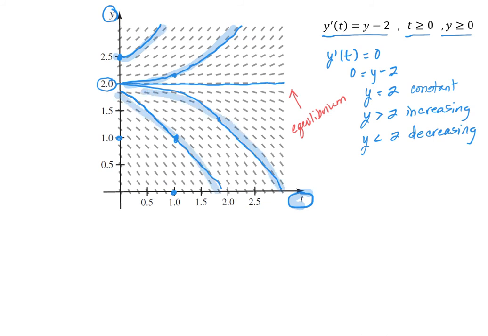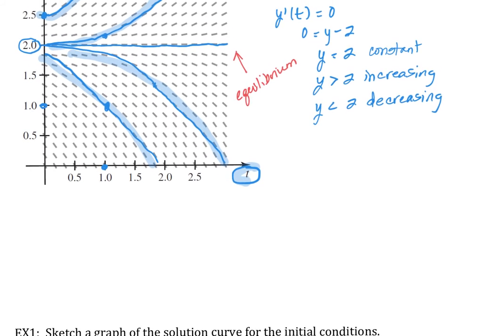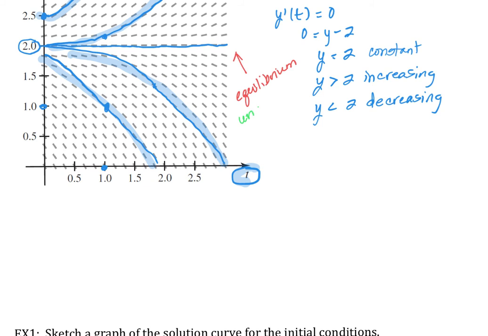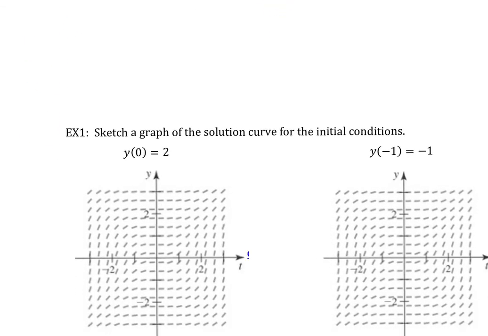So if all the curves are going away from our equilibrium, we say that the equilibrium is unstable. So an equilibrium solution that is stable would be the opposite. All the curves would be going towards the equilibrium solution. Let's move on to example 1.